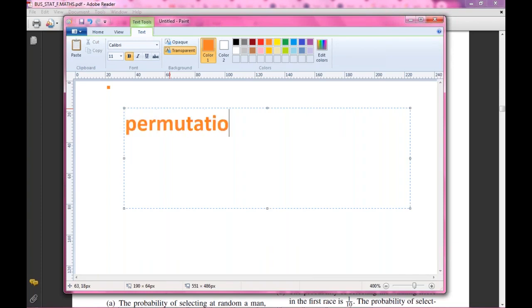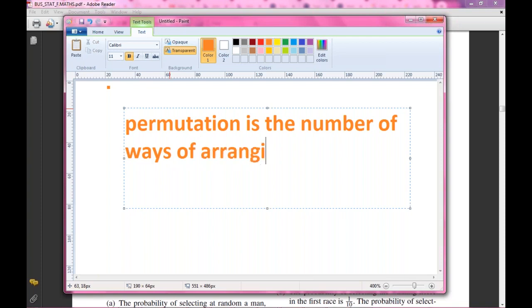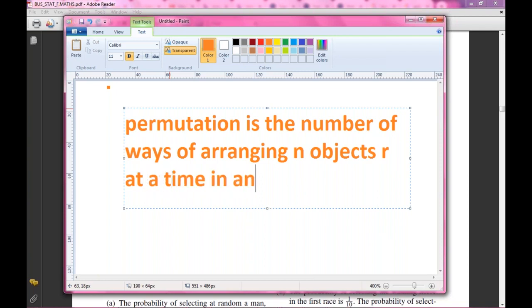Permutation is the number of ways of arranging n objects r at a time in an orderly manner.